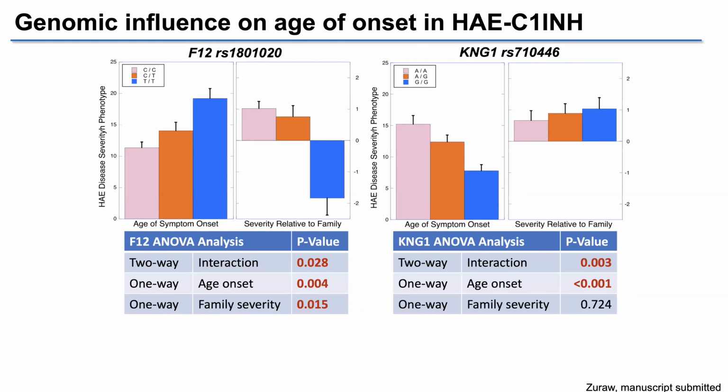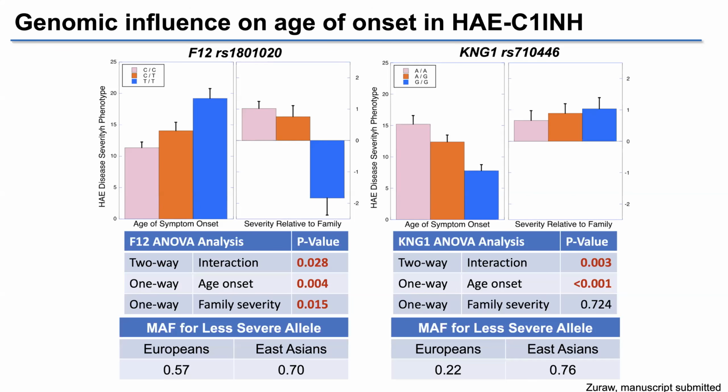And where it gets really interesting is that the frequency of these alleles is very different in East Asians versus Europeans. Look at this difference. So the less severe allele is much more common in East Asians than in people of European extraction.